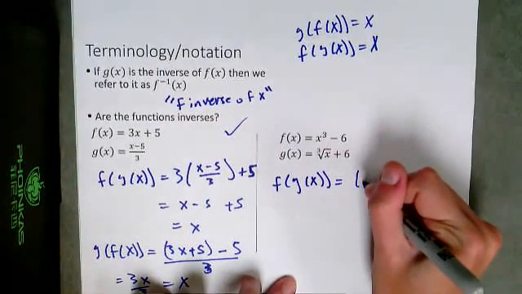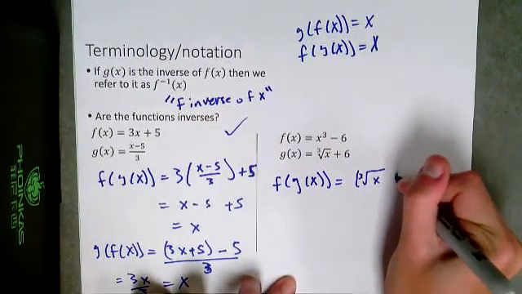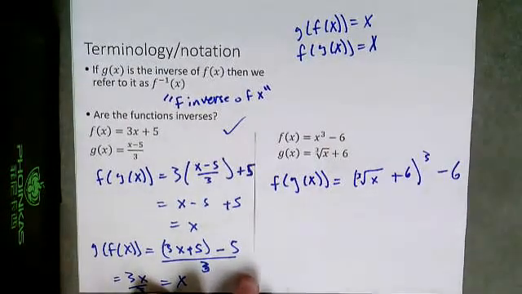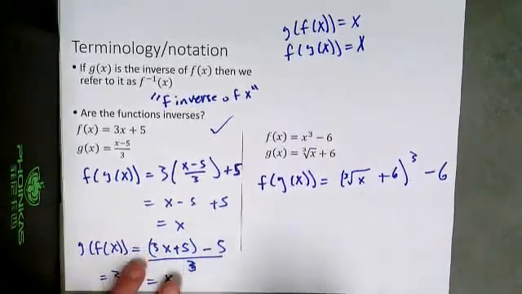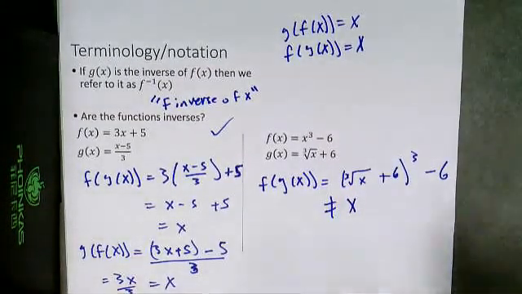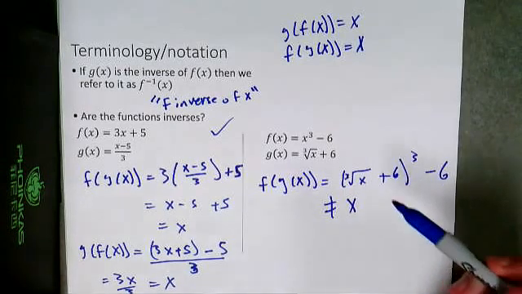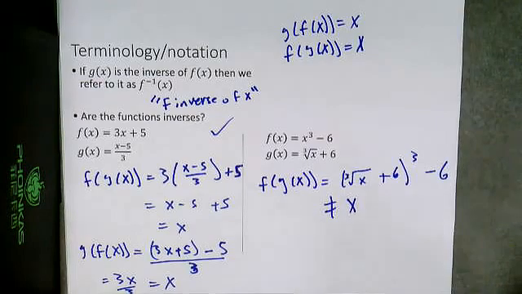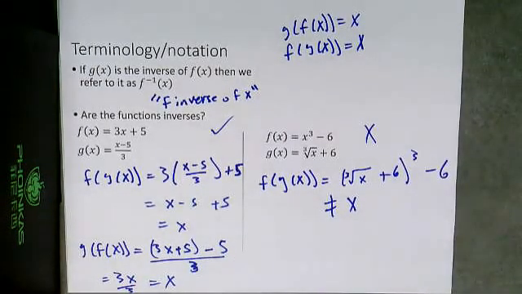This is equal to the cube root of x plus 6, cubed, minus 6. Well, whatever that is, it is not equal to x, because when you expand this out, you're going to have an x in there somewhere, but then you're also going to have a residual cube root of x and a constant to deal with. So either way, it's not equal to x. So these are not inverses.